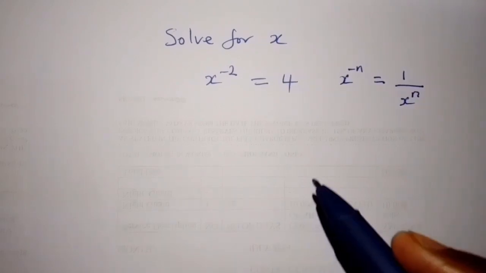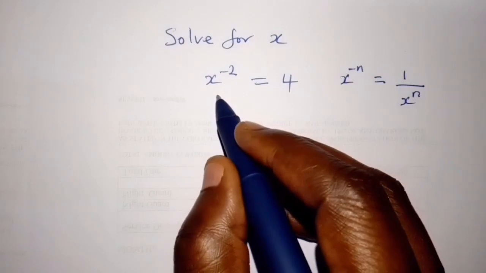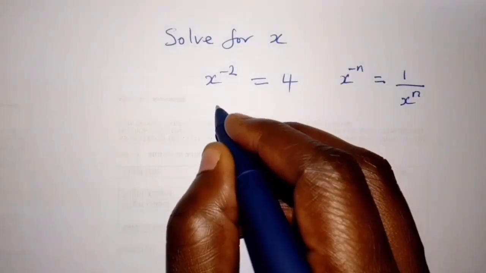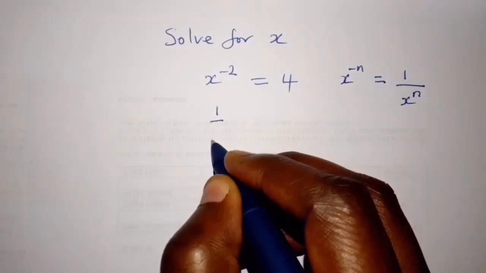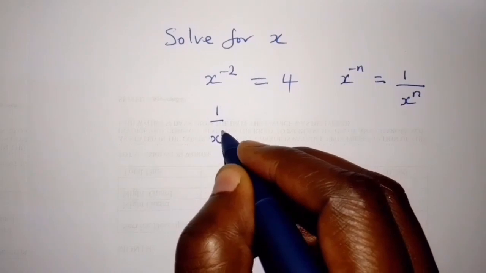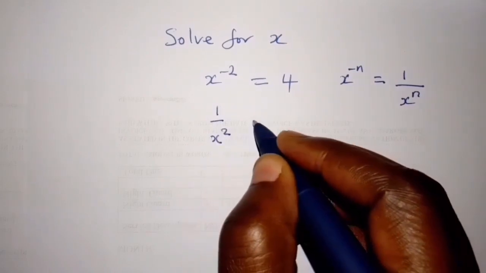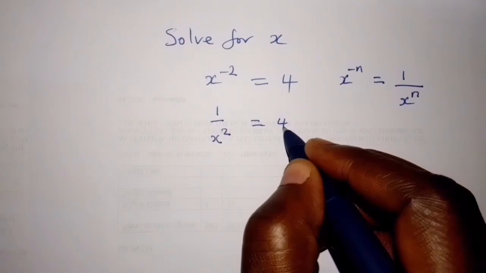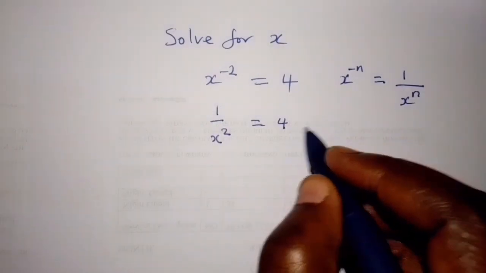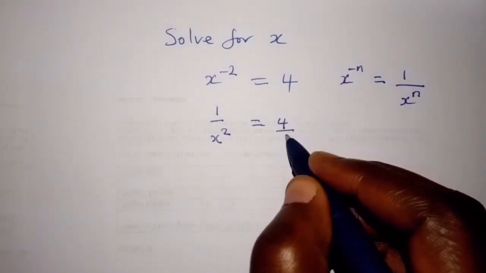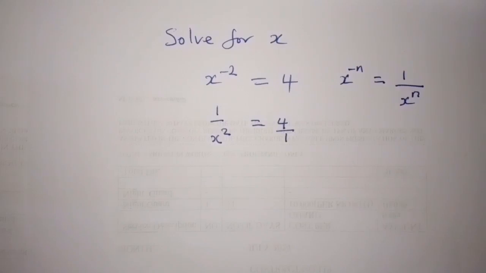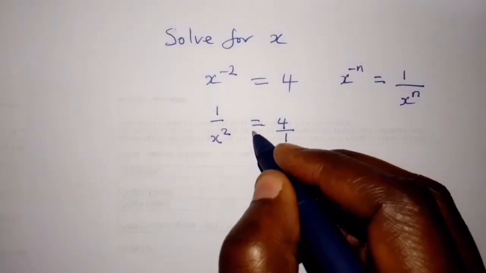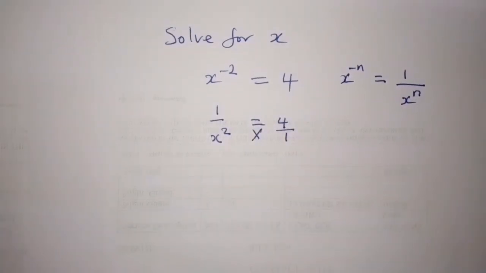So now we can write x power negative 2 as 1 over x power 2, which is equal to 4. And this 4, we can say that it is 4 over 1. Then we cross multiply.